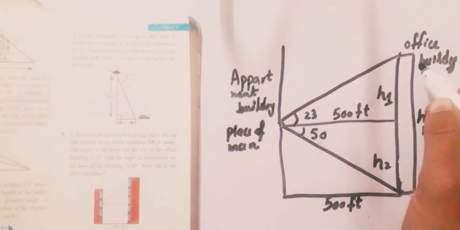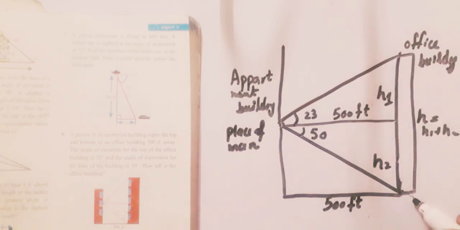Now you have to find the height of the office. You see that two right angle triangles are here.